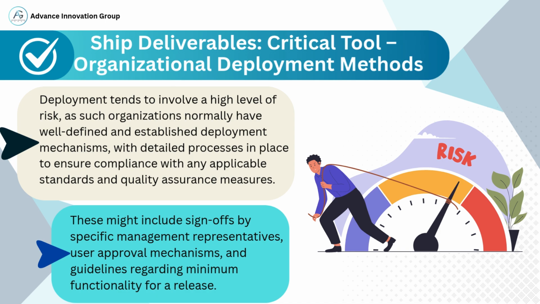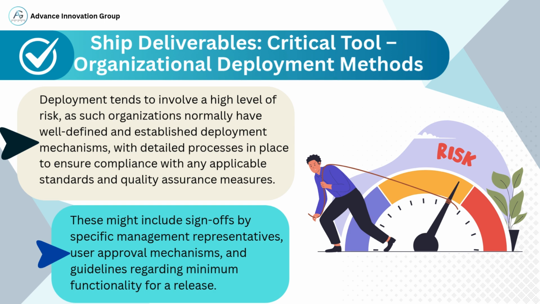This slide continues our discussion on deployment methods used during the ship deliverables process. In most organizations, deployment is considered a high-risk activity, particularly when customer-facing systems or business-critical functions are involved. That's why companies develop well-defined deployment mechanisms that reduce risk and ensure consistency. Let's understand what these may include. 1. Management sign-offs.